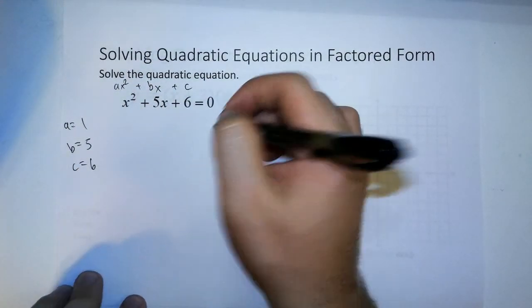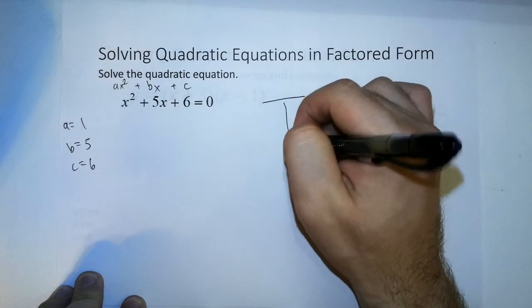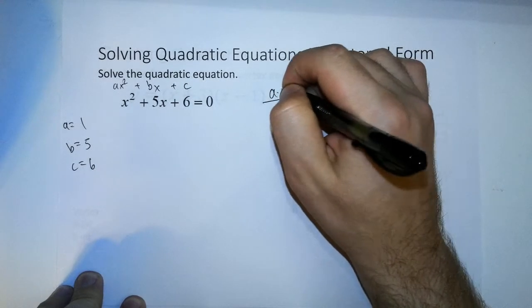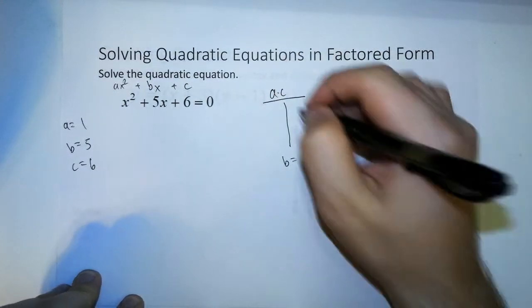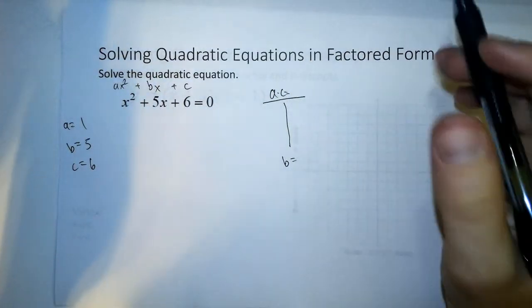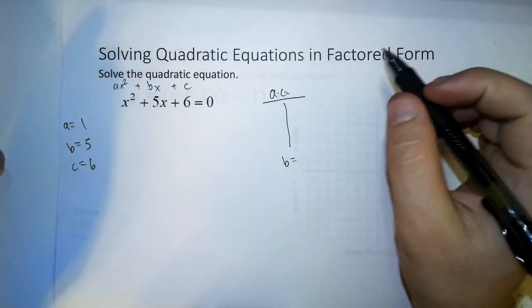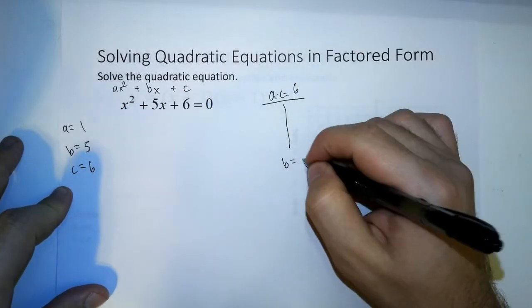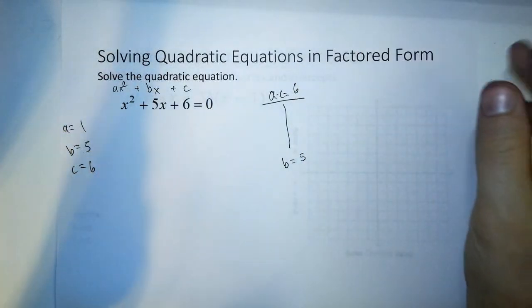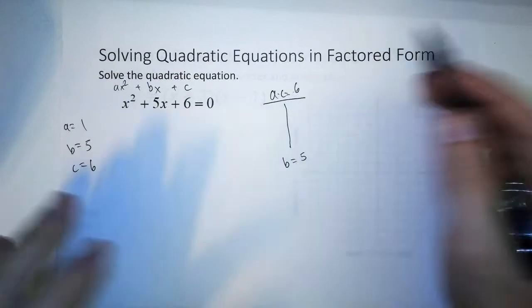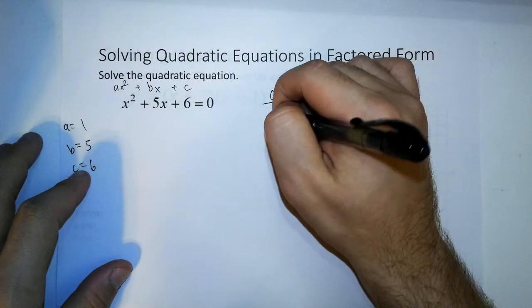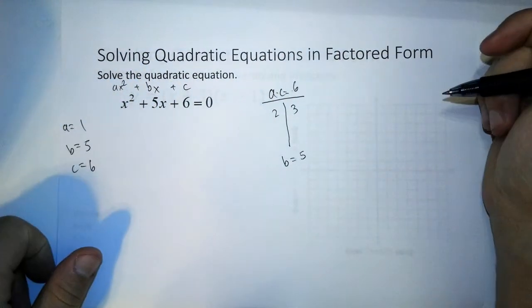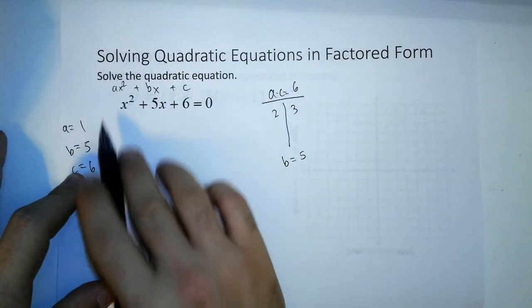And I'm going to go ahead and find the factors of a times c that add to b. That's the trick, right? I'm just doing my trick. A times c adding to b. So a times c is going to be 6, b is going to be 5, and maybe the numbers already hit you, right? What could multiply to 6 and add to 5? Well, 2 times 3. Just that simple. And notice a is equal to 1.